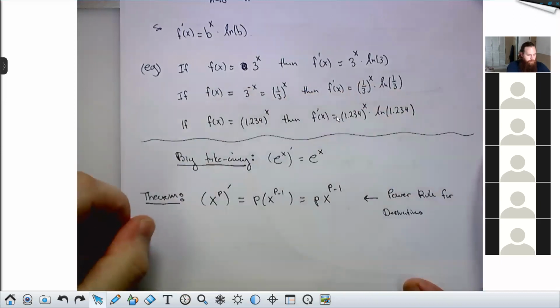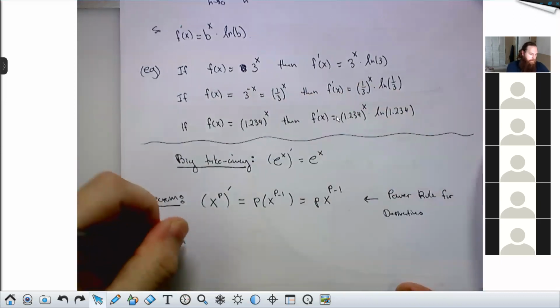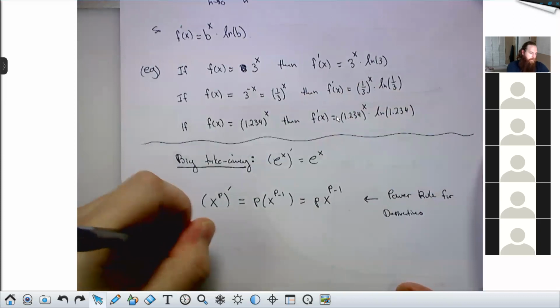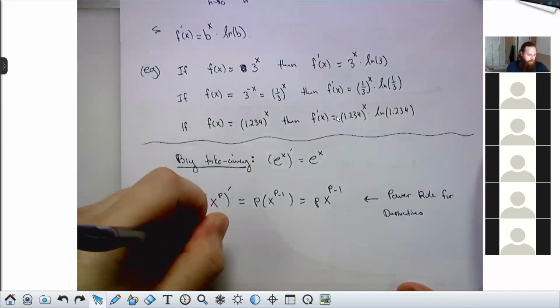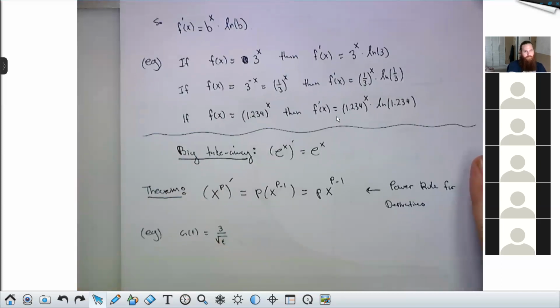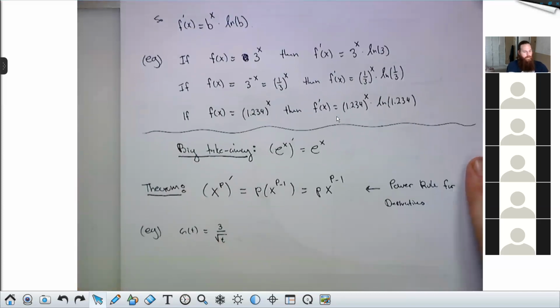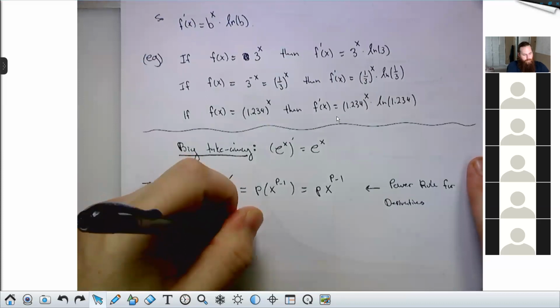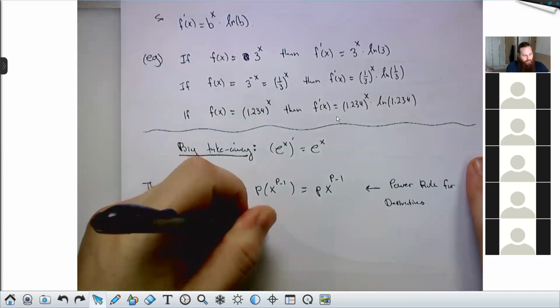I'll do a quick example. Earlier, we looked at the problem of finding g prime, where g was 3 over the square root of t. I can rewrite that as 3 times t to the negative 1/2.